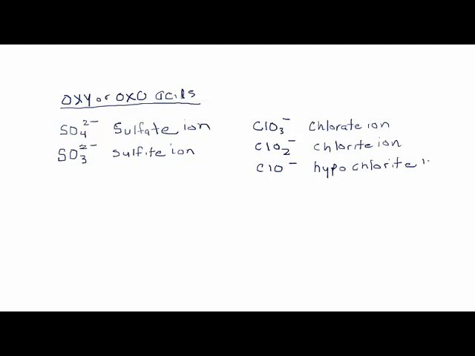So the hypochlorite ion. We can also have more than 3 oxygen. We could have 4 oxygen with the same charge. So what do you think the name of that one is? Well, you may be thinking hyperchlorate, and that's not a bad guess, but we actually simplify that and call it perchlorate ion.